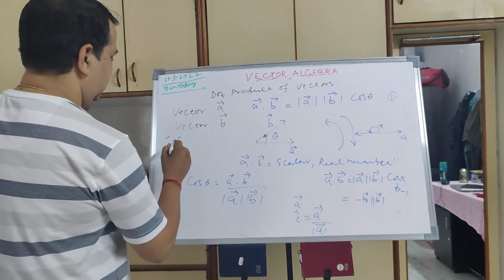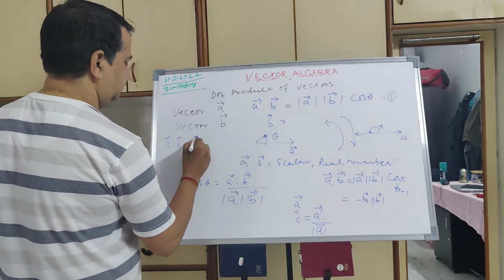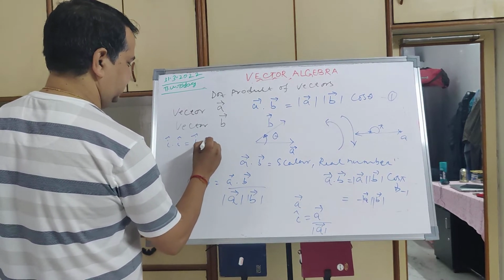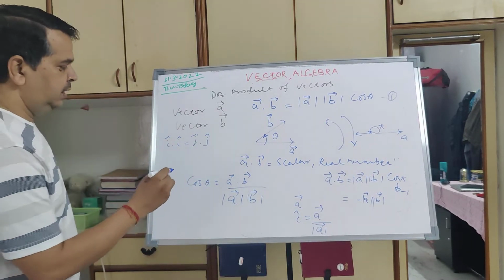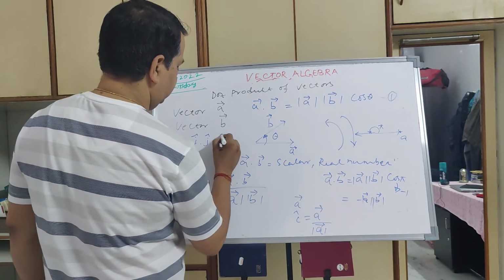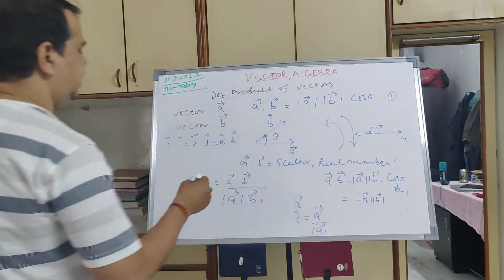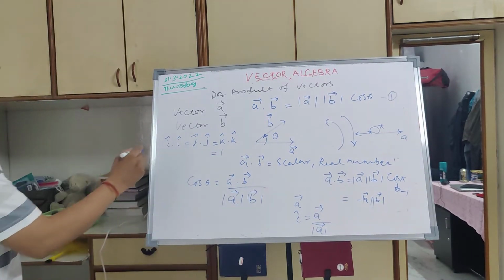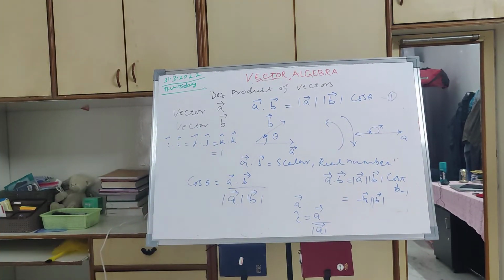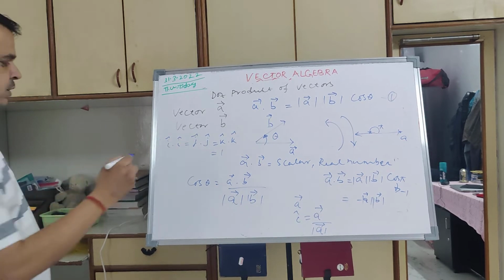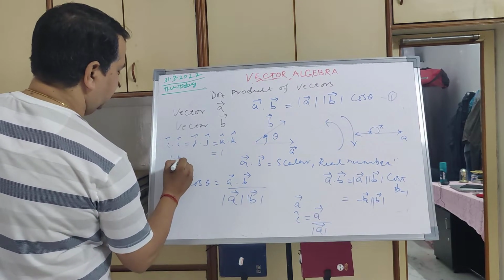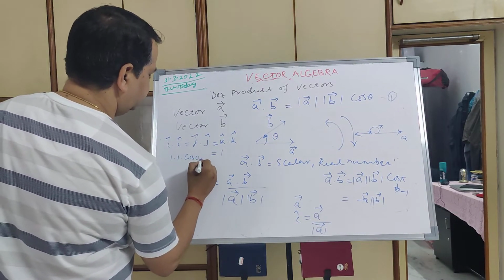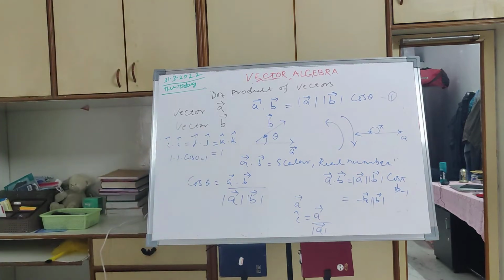So I dot I is equal to J dot J is equal to K dot K, which is equal to 1. Why? Because the angle between unit vector I and I is 0. So this becomes 1 into cos 0, which is equal to 1. This is a very important thing.